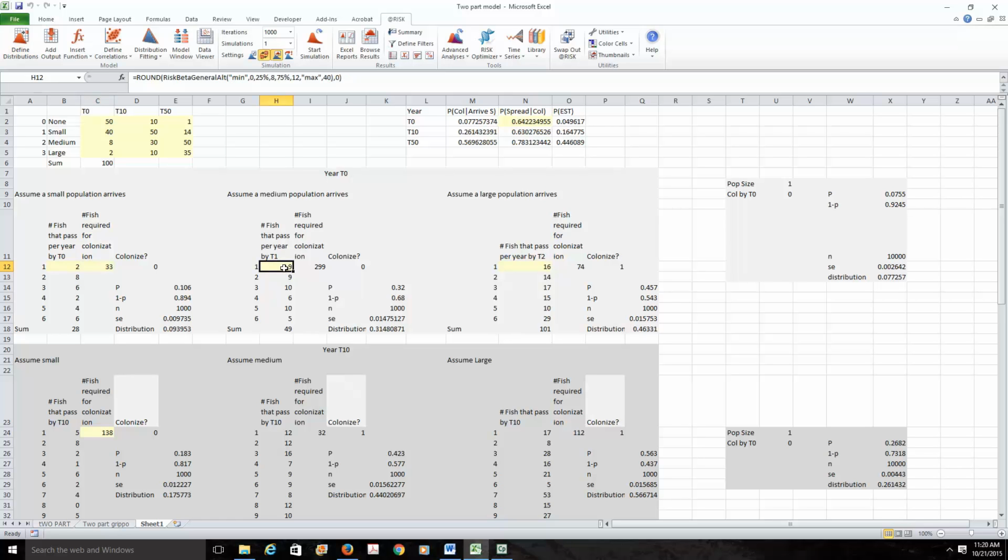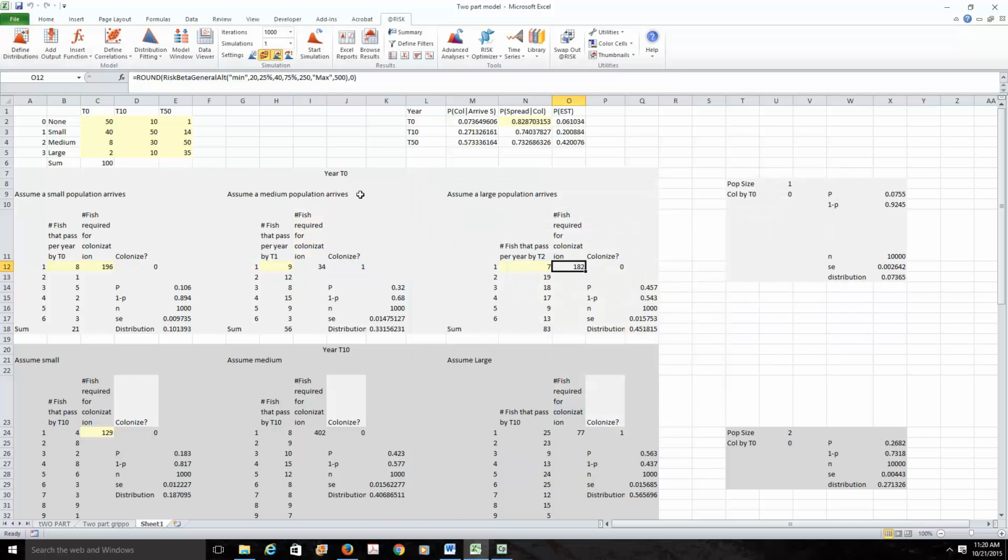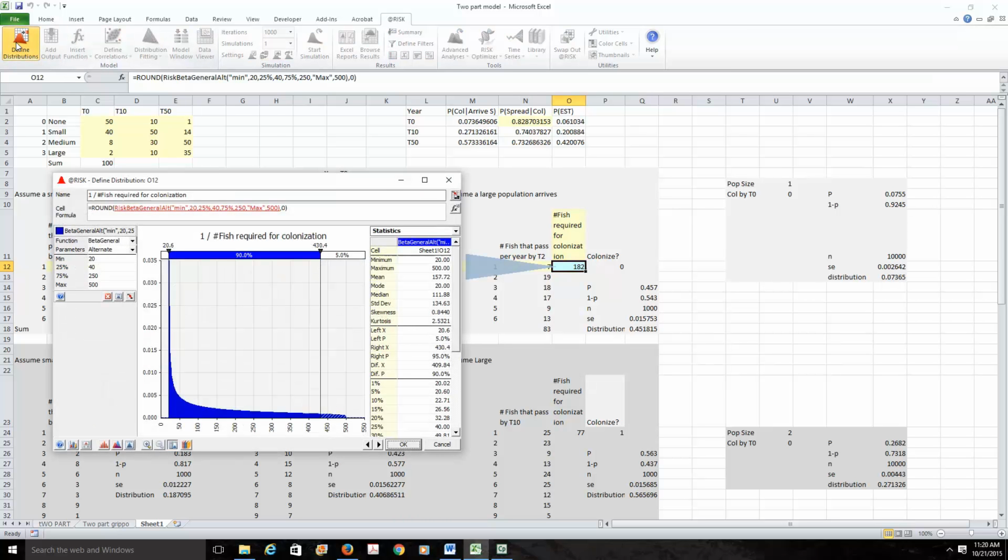Over here, we have the same distribution. The number of fish required for colonization by year T0 is the same no matter what the size of the population is. So this is the same 20, 40, 250, 500 that we looked at before, as is this.